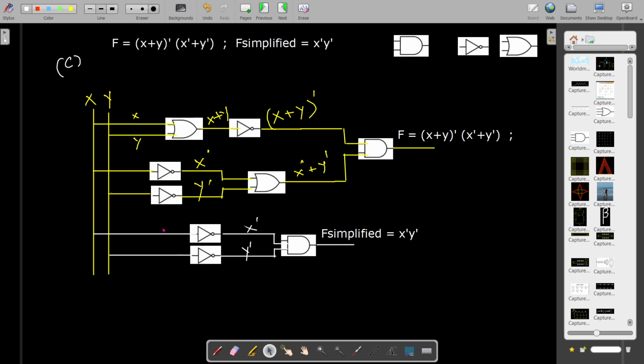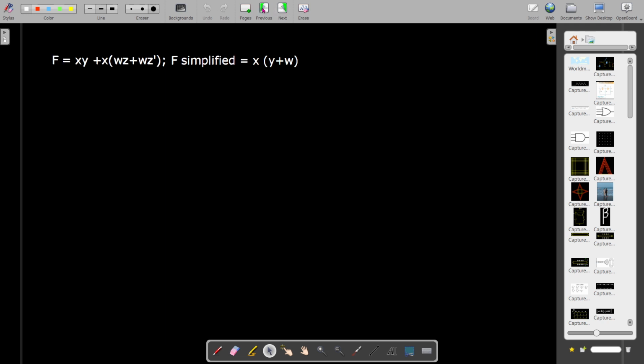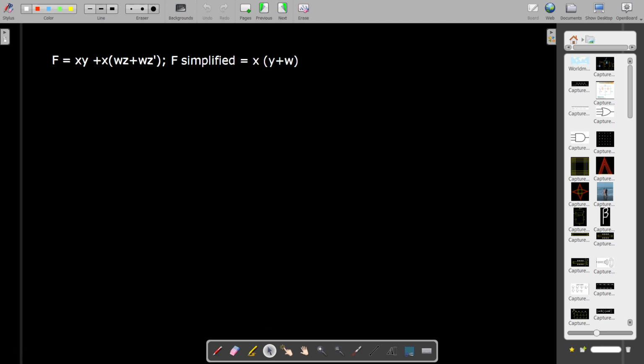Okay, so we have completed the logic diagram for the C problem. Now we'll move on to the D problem.